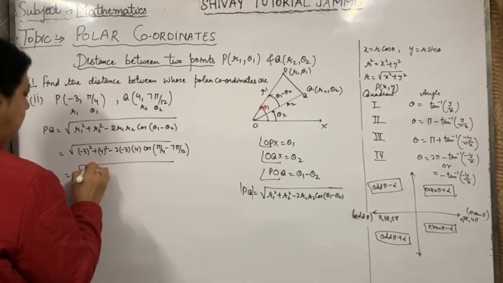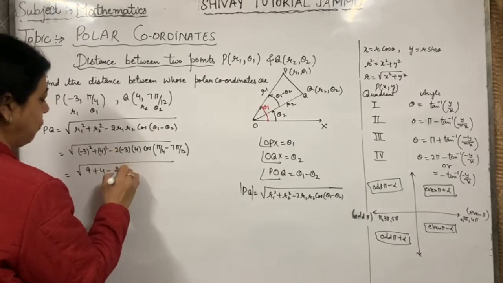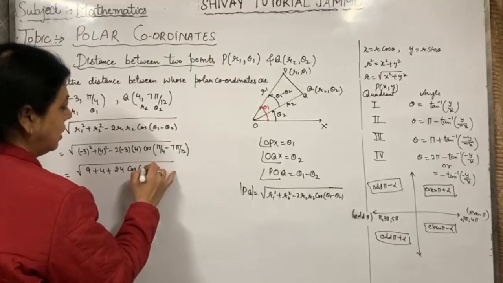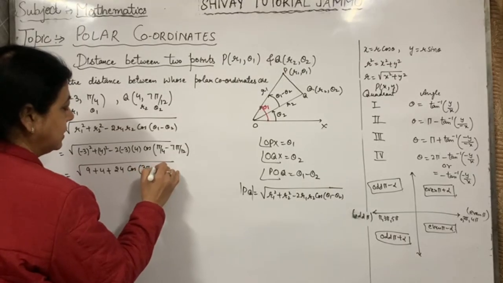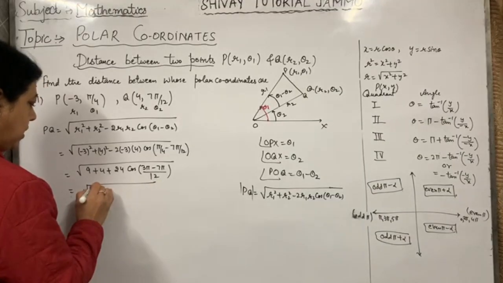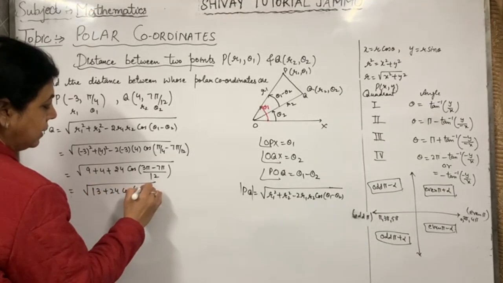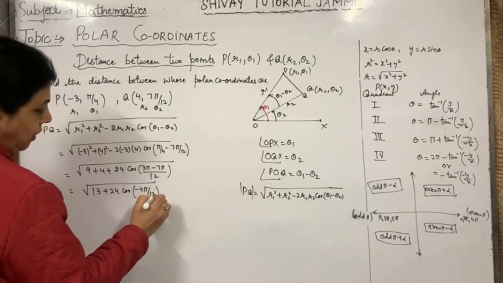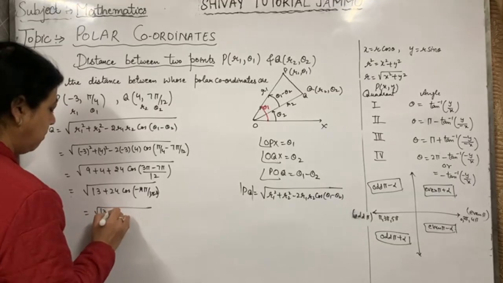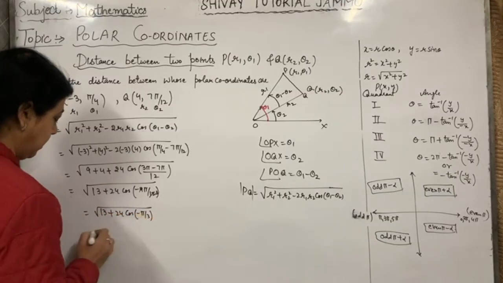Then it will become 9 plus 4, 3 2s are 6, 4s are 24 plus cos. I will take LCM. This will be 3 pi minus 7 pi, and this will become 13 plus 24 cos (minus 4 pi by 12). Cancel with 3. 13 plus 24 cos (minus pi by 3).